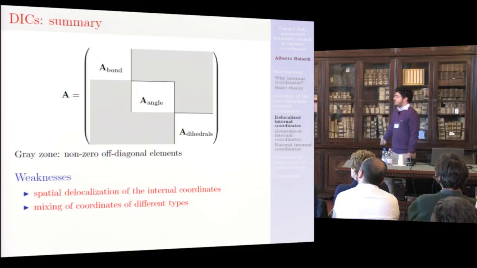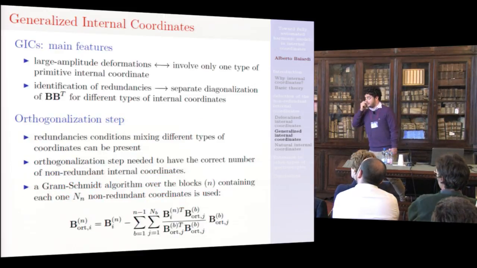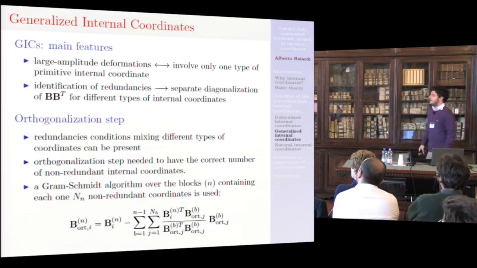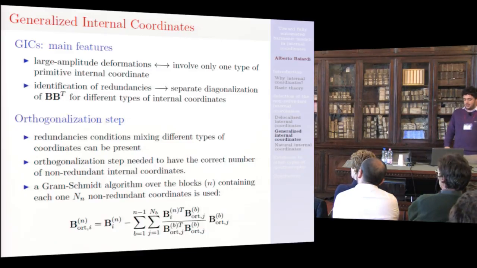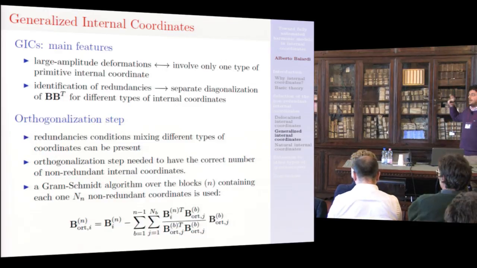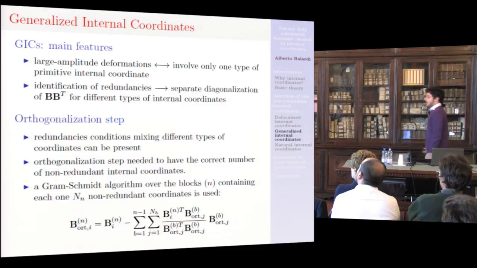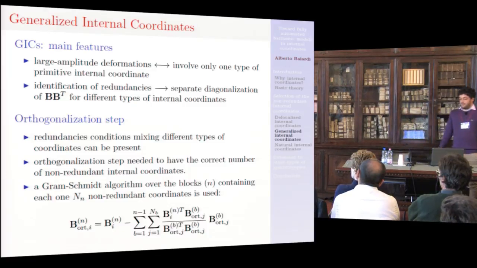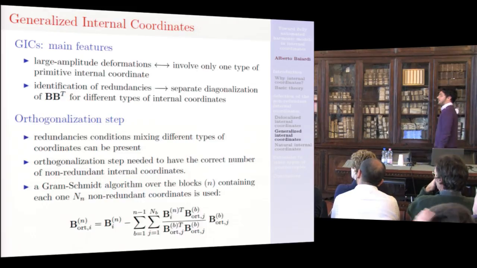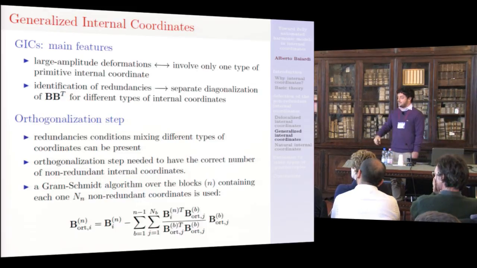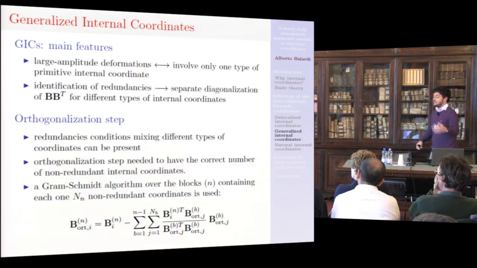So in order to solve this problem, we have also implemented another algorithm which comes from the optimization technique. If I don't want to mix different types of coordinates, I can diagonalize by using a block procedure in a separate way, performing the singular value decomposition for bonds, angles, and dihedrals. This seems easy, but for complex topologies, like for example rings, we have some redundancy which mixes angles and dihedrals, for example, and bonds.